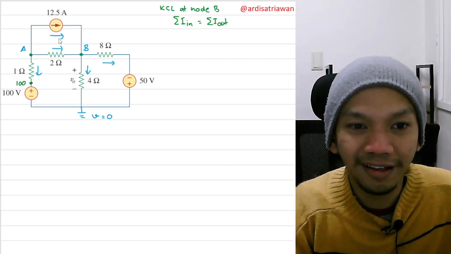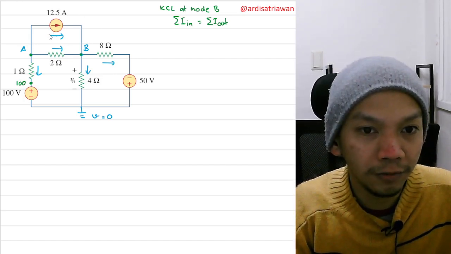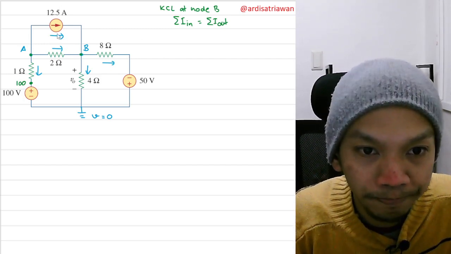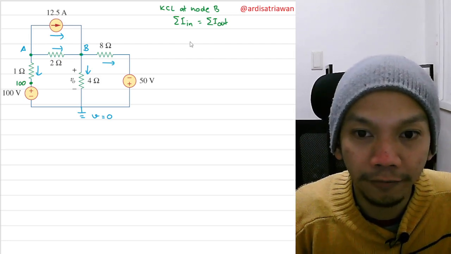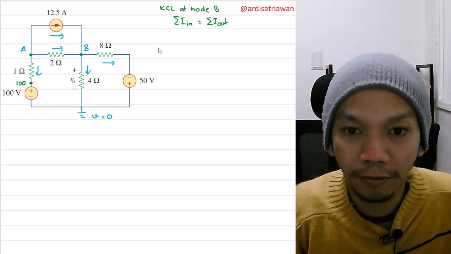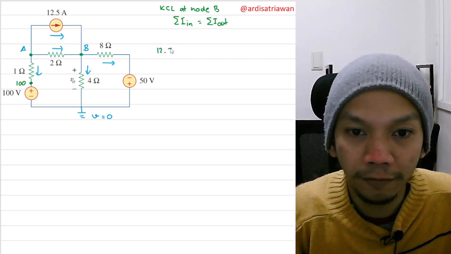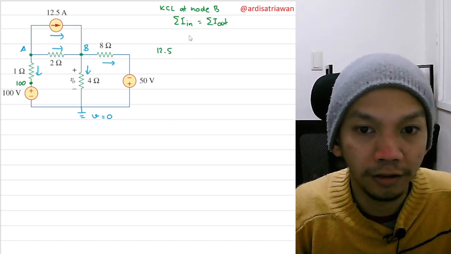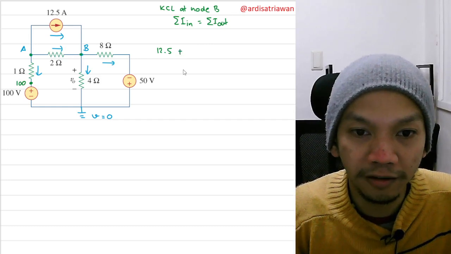Okay, let's take care of the currents that go in first, which is the first is this one. So that one will be 12.5, right? We cannot do anything about that, so let's write that 12.5. And then this current is also going in, so I will need to add it.